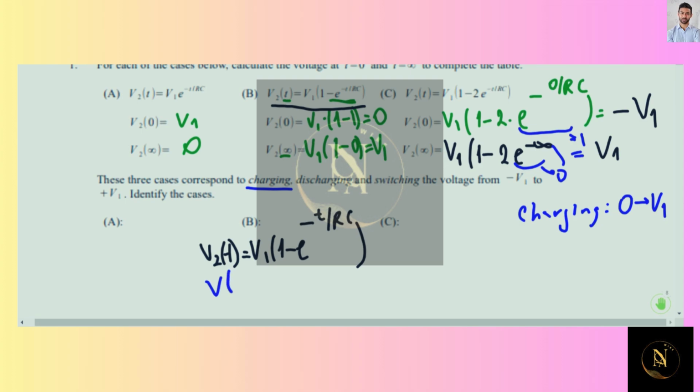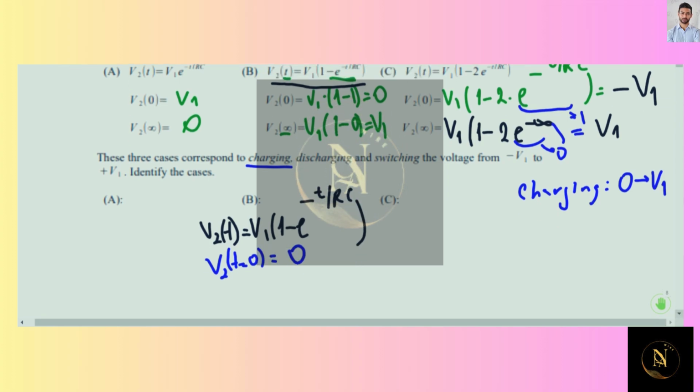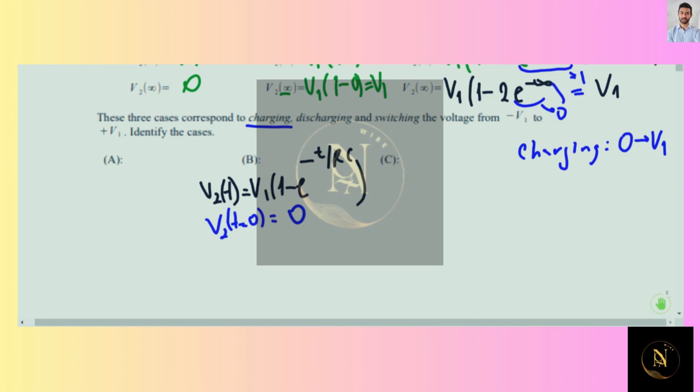when time equals 0, voltage equals 0, and when time equals infinity, voltage equals V1. Okay, so we found charging.